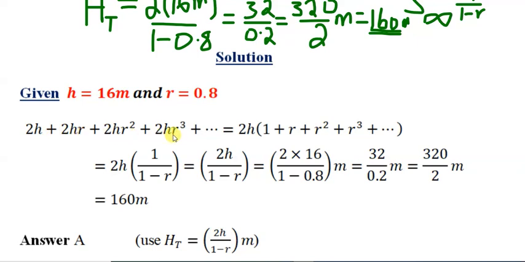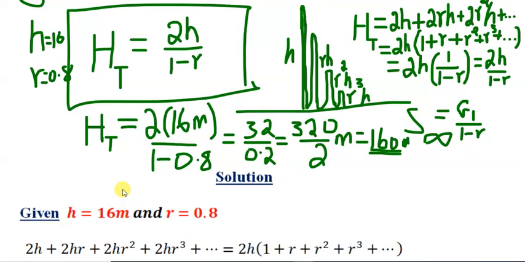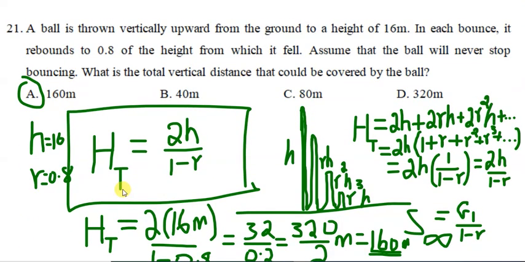Noting that each time the ball is thrown upward, it covers two times the height to which it is thrown, the entire formula gives us this one, which is similar to the previous one, and then our answer is 160 meters. Let us come to question number 2.